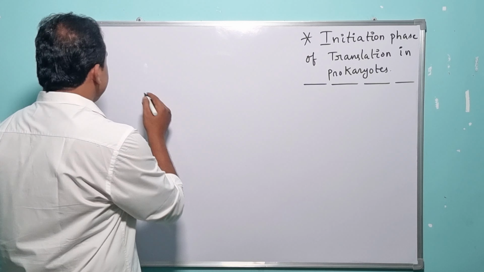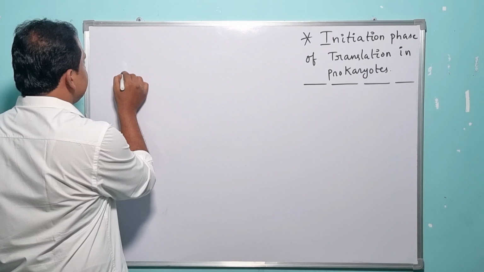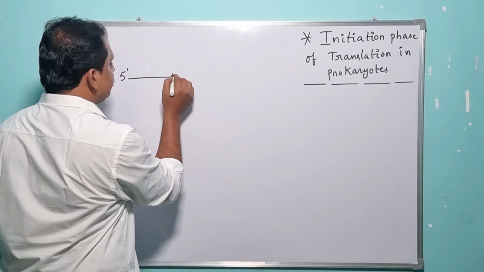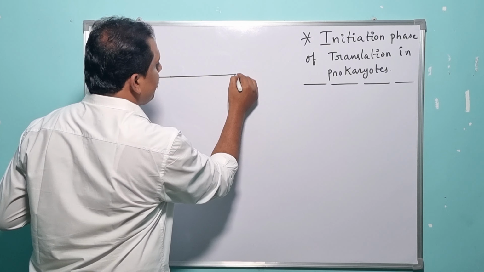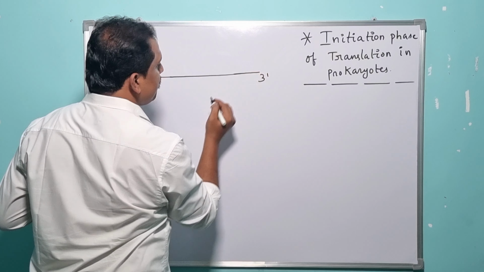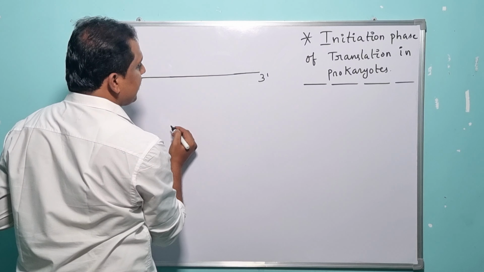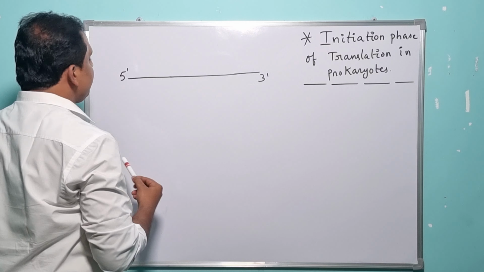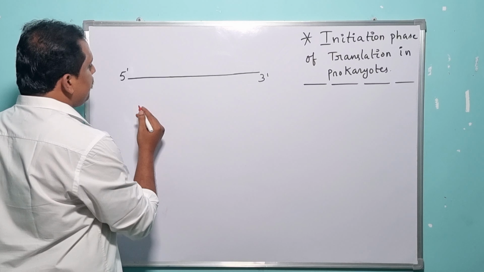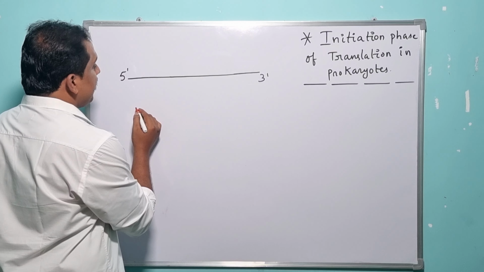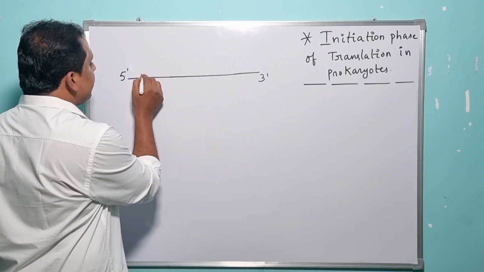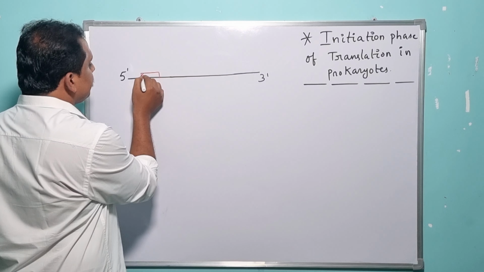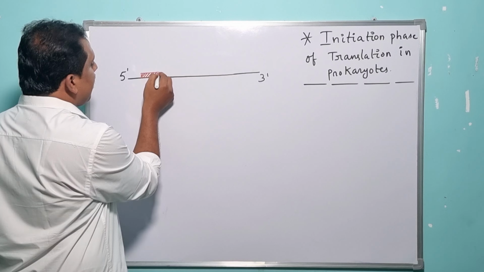So let us assume it as the nascent mRNA which has been synthesized during the transcription process. Here at the extreme 5' end, there is a specialized site known as the ribosomal binding site, or simply abbreviated as RBS.